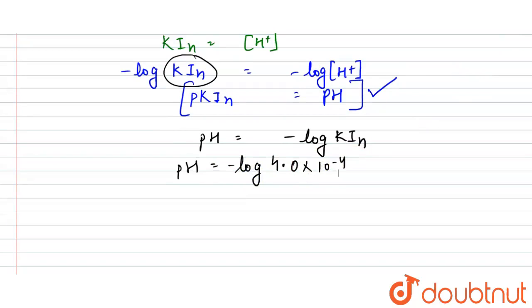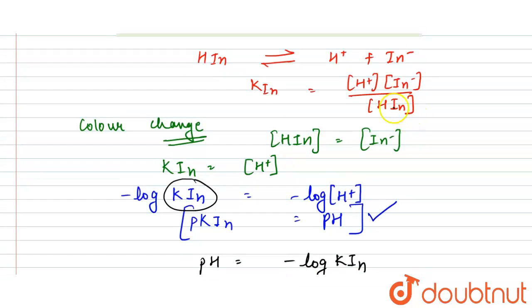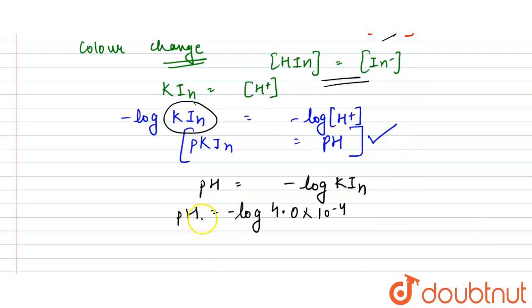Here these two terms are cancelled out, as they are equal. We know that this term is equal to pH, that's why we have substituted it. So pH is equal to minus log 4 plus 4 log 10, with base 10.